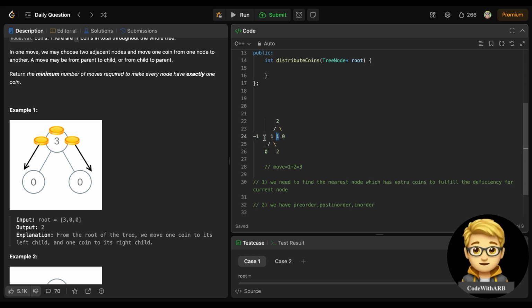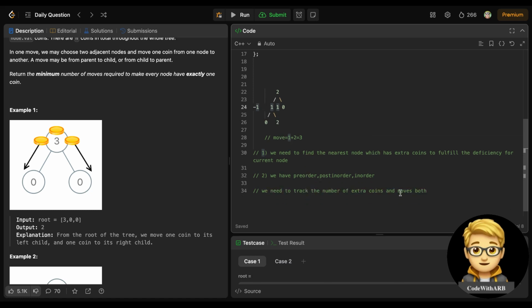So it will be equalized, but how many moves are there? From 2 to 1 there is one move, and from 1 to 0 there is another move. So both are equal to 2 moves.